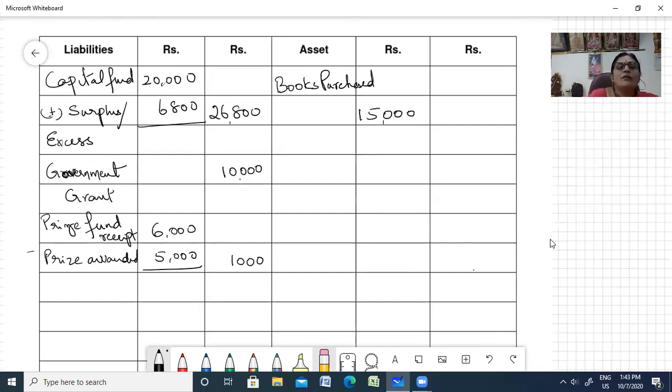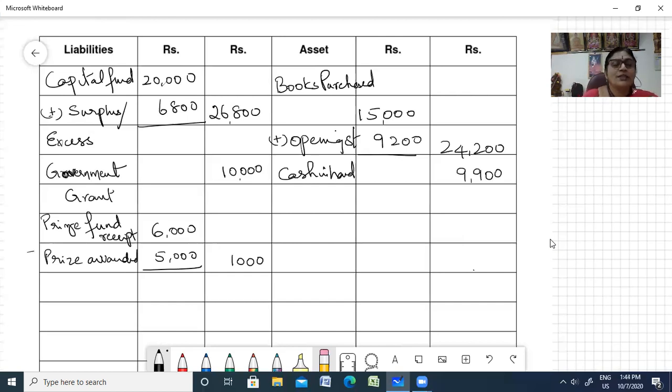And in between, you had an opening stock also, opening stock of 9,200. So that comes to 24,200. Now that is over. Cash in hand, of course, is an asset. It's a current asset, right? Cash in hand is how much? You have 9,900.